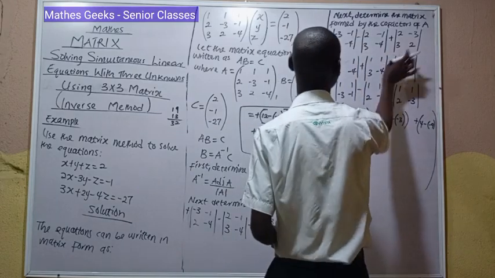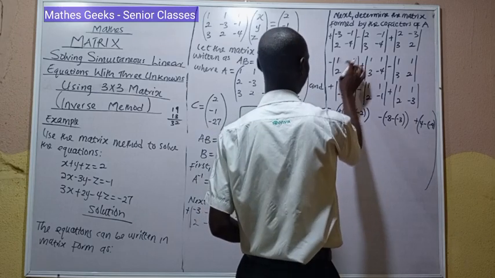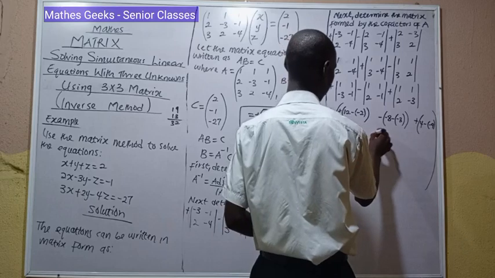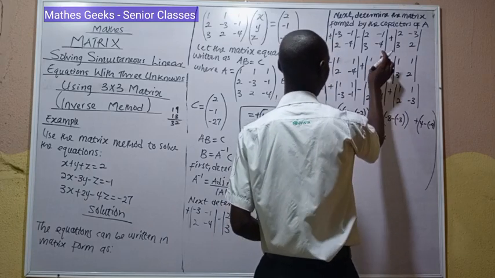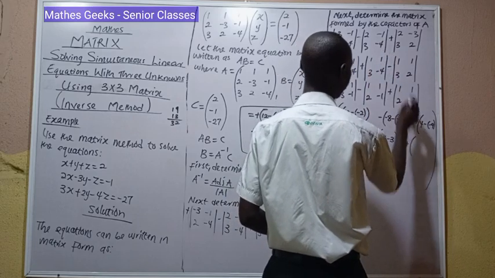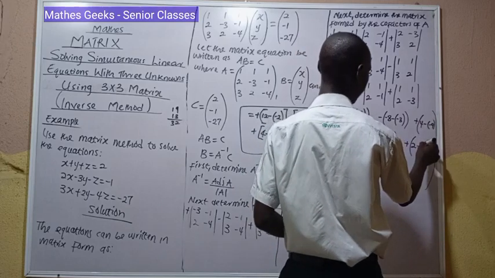Okay, 1 2 3. 1 times minus 4 is minus 4, minus 1 times 2 is 4, plus 1 times minus 4 is minus 4, 1 times 3 is minus 3, plus 1 times 2 is 2, minus 1 times 3 is 3.